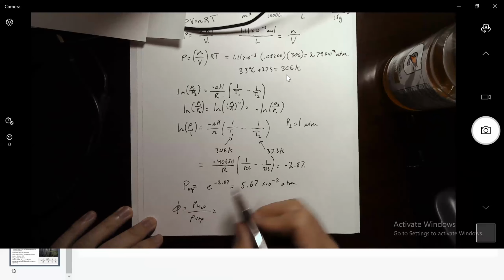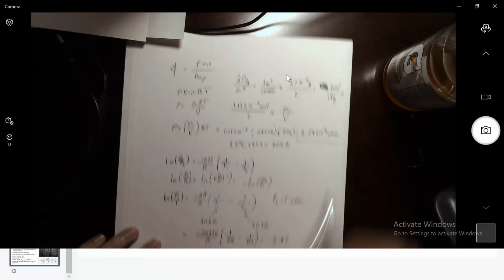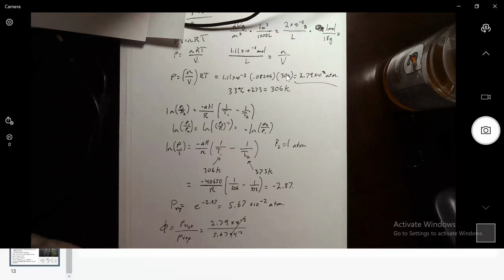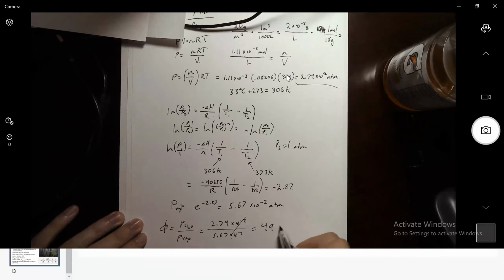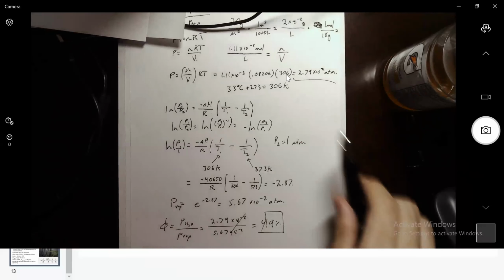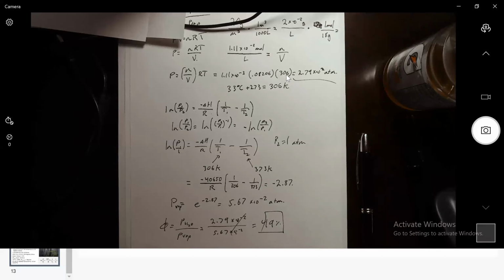So remember we already calculated it, so 2.79. Cancel out the 10 to the minus 2. So 2.79 divided by 5.67 equals 49%. Okay? Any questions?